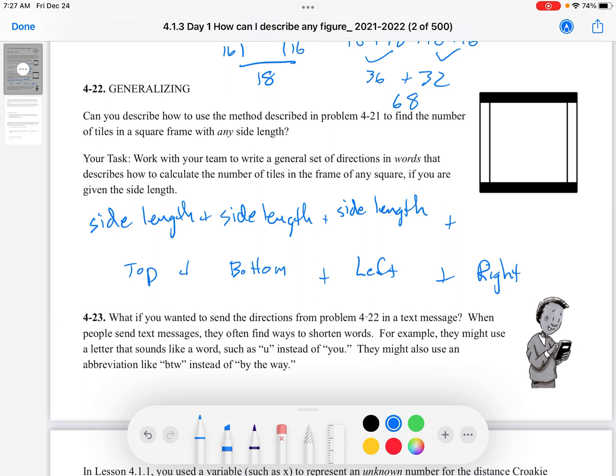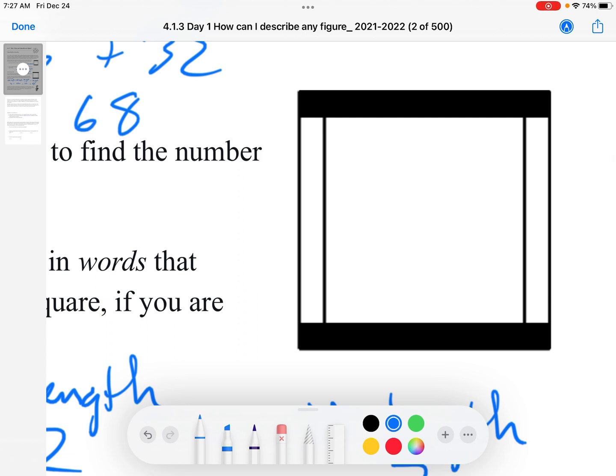So we could say minus 2. And the right side is going to do the same thing. We're going to use the side length, but we have to subtract 2, the top and bottom piece. If you think about it, this whole thing was 18 before, but we had to take away the 1 and the 1. So it was really the side length take away 2. Side length take away 2.